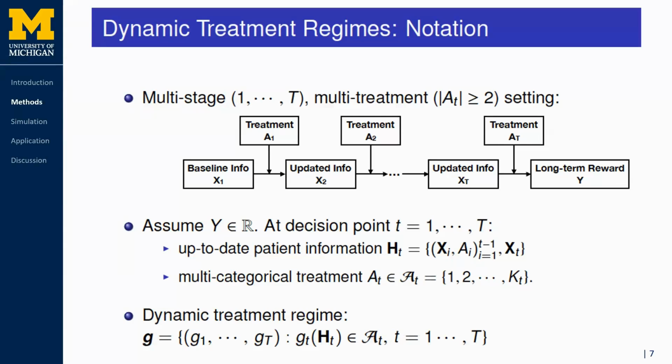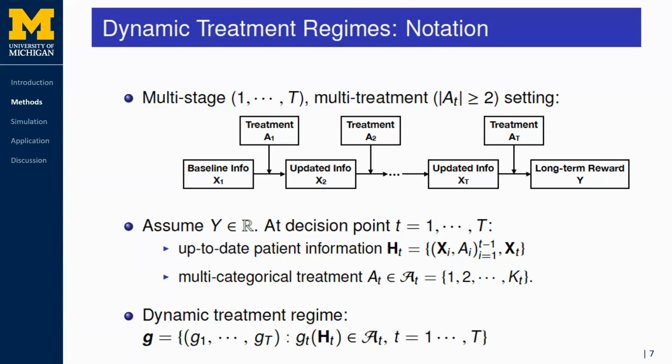That is our desirable health outcome. And this Y could be a function of all the past responses. It could be long-term survival itself. So the whole framework is very flexible to capture different kinds of rewards you want to have, okay?